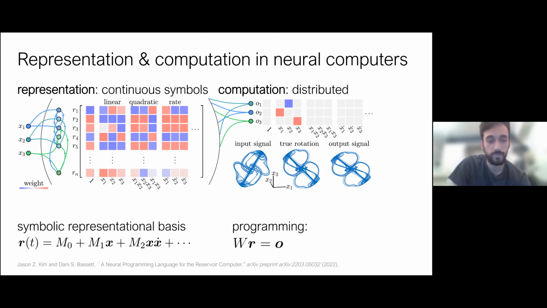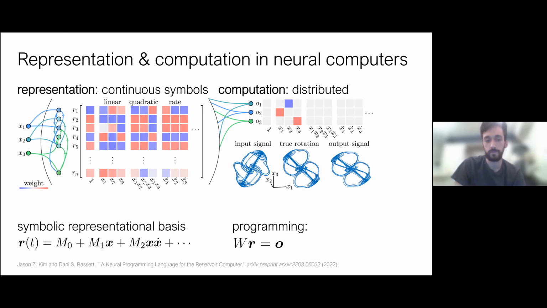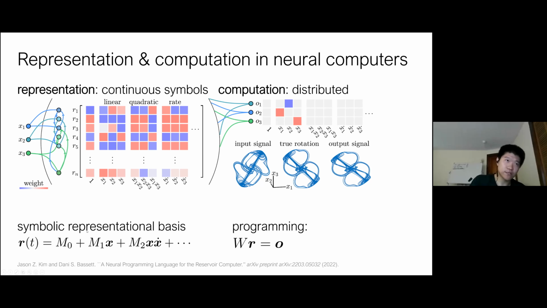Is M0 somehow equivalent to a random initialization? M0, like in this symbolic representational basis. So in this symbolic representational basis, M0 is just an offset term, right? That's largely set just by the bias term of the neural network.